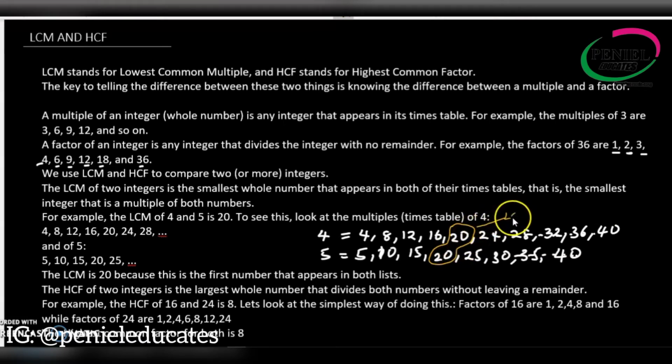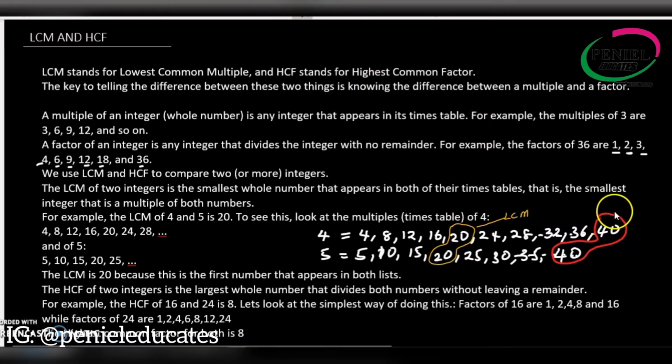This is the lowest common multiple. Another one, 40, also appears in both lists, but it is higher than 20. So the lowest common multiple that appears in both lists is 20. Therefore the LCM of 4 and 5 is 20.